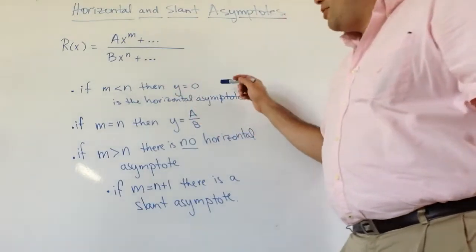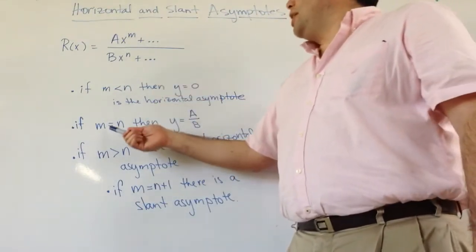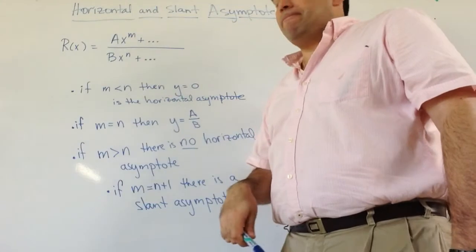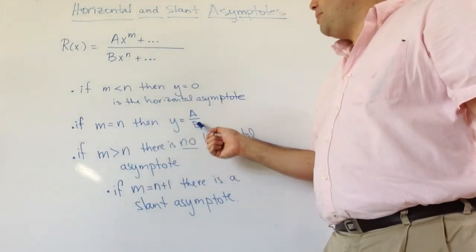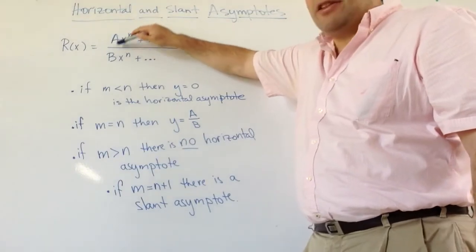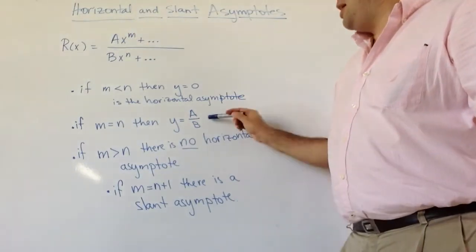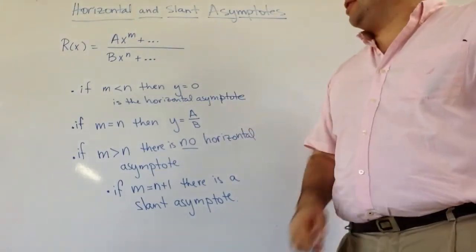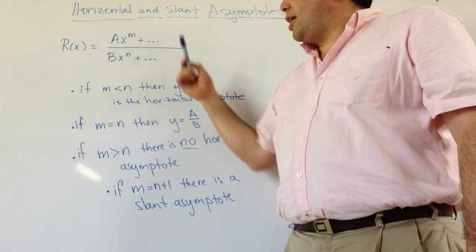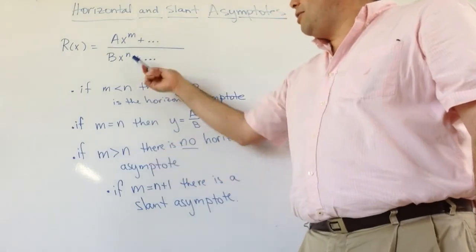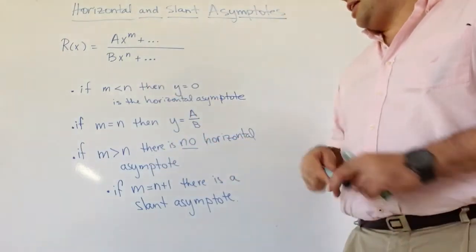I'll make a drawing in a few minutes. If the degrees are the same, if m equals n, then the line y equals a over b, we take the leading coefficients and divide them, is the horizontal asymptote. And if the degree in the numerator is greater than the degree in the denominator, then there is no horizontal asymptote.